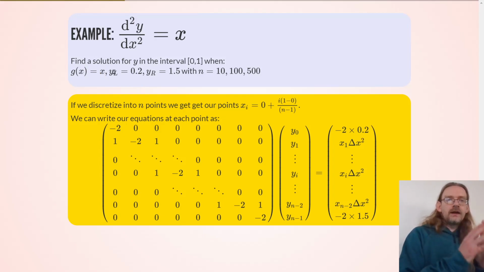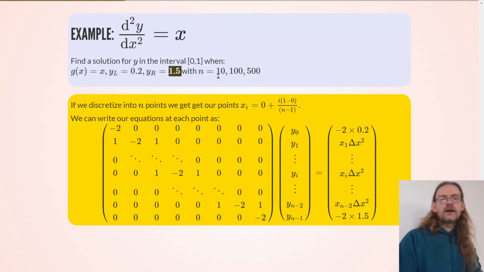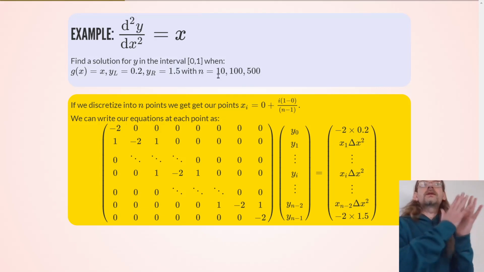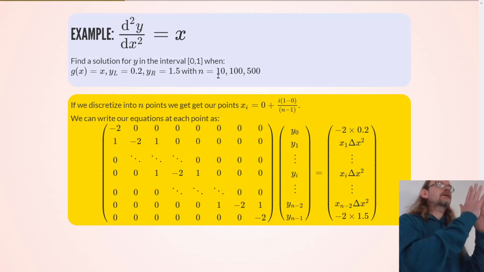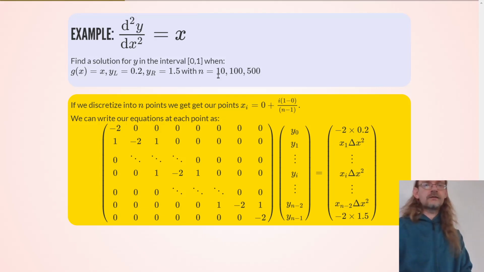My yl, my left-hand boundary condition, I'm going to say should be 0.2, and the right-hand value should be 1.5. And I could try discretizing it with different numbers of points. By discretizing, I just mean that instead of being continuous, it's at this discrete set of points.